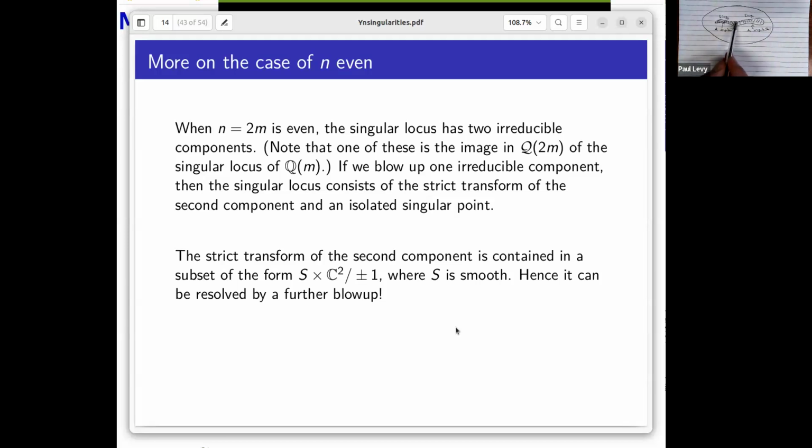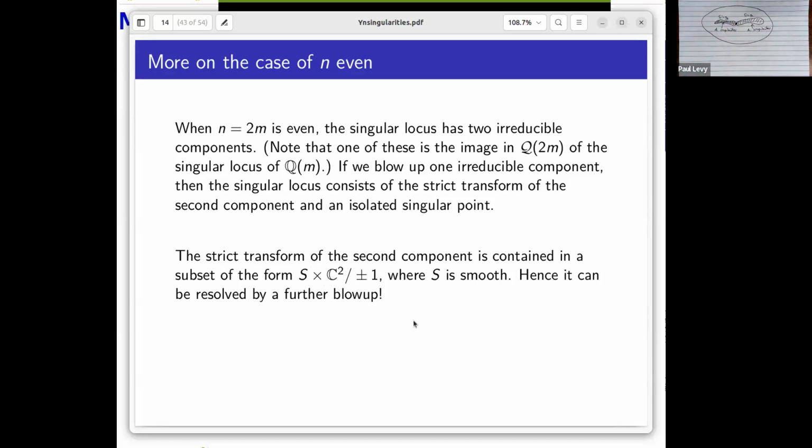And so what happens if you blow up one of the irreducible components? Well, if you ignore this 0, then you've left the rest of this second irreducible component of the singular locus unchanged, right? This is not affected. And indeed, once you do that, the strict transform of this thing is just going to be basically a load of A1 singularities.